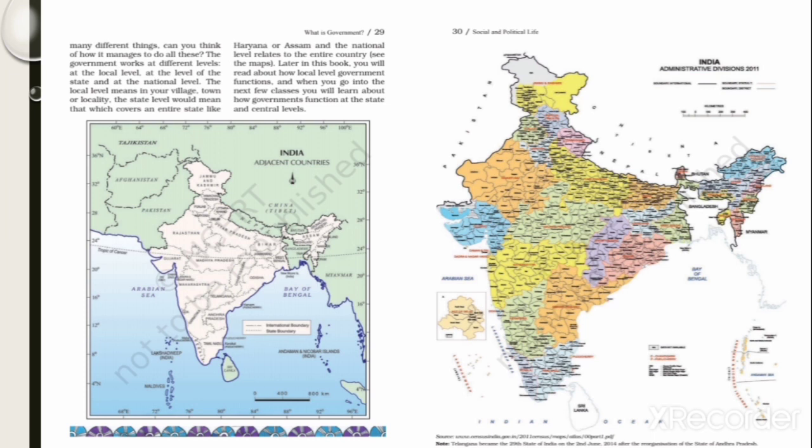A principal can't look after the maintenance of the school alone, so he or she will require the teachers or the supportive staff. Even a single teacher can't teach all the subjects. You would have seen in our school that different teachers are allotted for different subjects. So this is how our government also works. It becomes easy for the government to look after each sector or section of society.